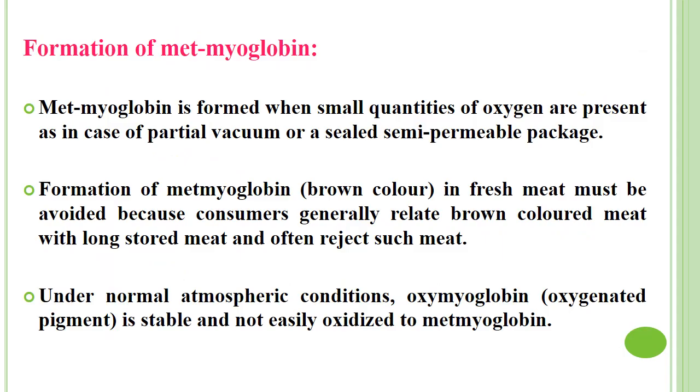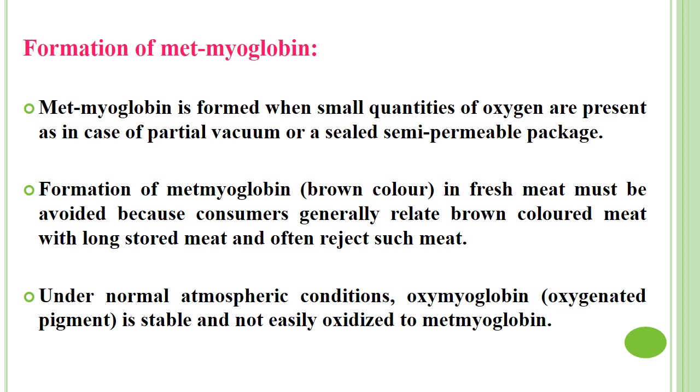Here once again we will discuss the formation of metmyoglobin. Metmyoglobin is formed when small quantities of oxygen are present, as in the case of partial vacuum or a sealed semi-permeable package. So when we do vacuum packaging in fresh meat, there will be no air, and that leads to oxidation and metmyoglobin formation.